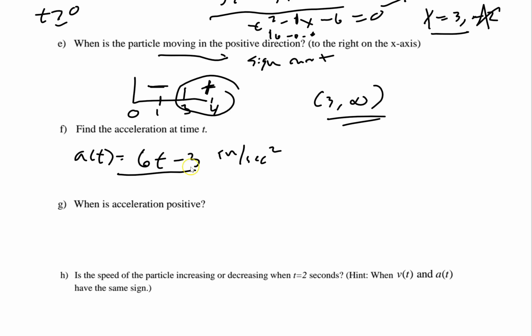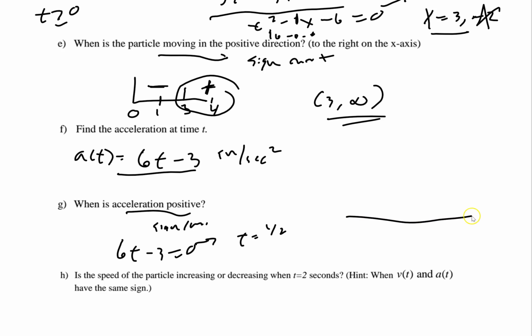The units are inches per second squared. When is acceleration positive? That's from positive to negative, so that's a sign chart. Let's find our critical points. I get t equals 1/2. So we have one critical point. We start at 0, and we have one critical point at 1/2. Pick a test point, plug into the derivative.